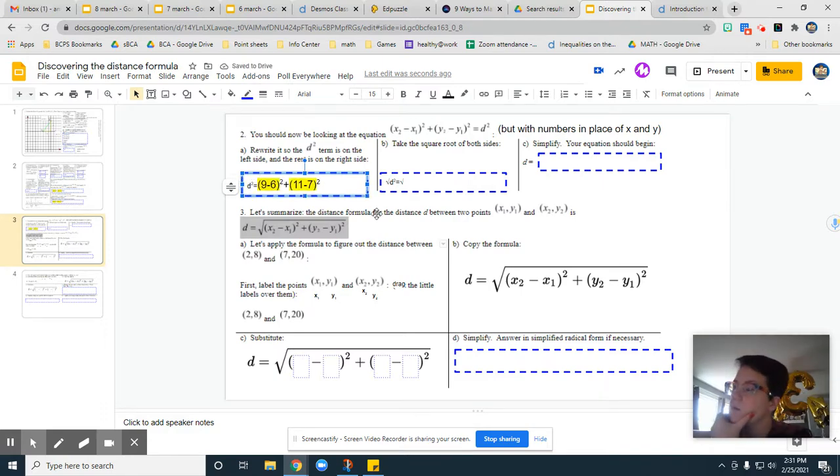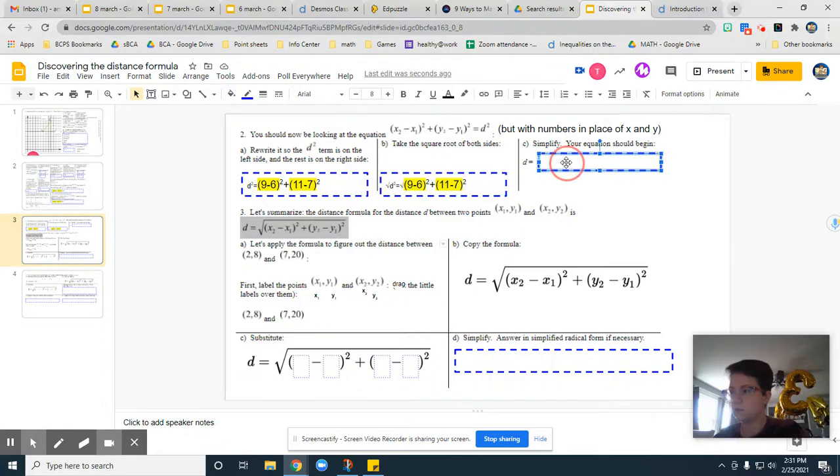Now we know we've got to take the square root of d squared if we want to just find what d is. So simplify. Your equation should begin with d, and it's just going to be this. Okay, so d equals the square root of (9 minus 6) squared plus (11 minus 7) squared.